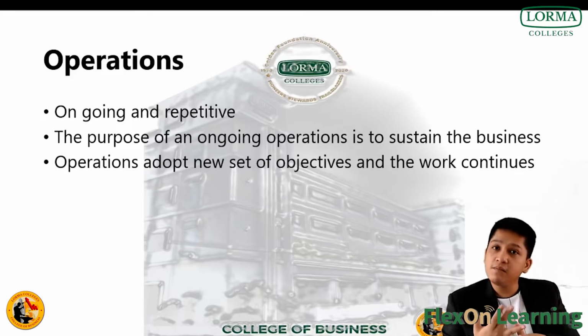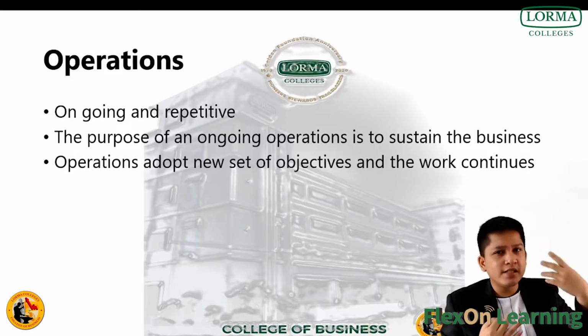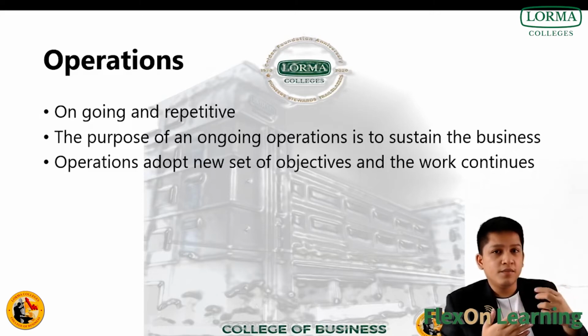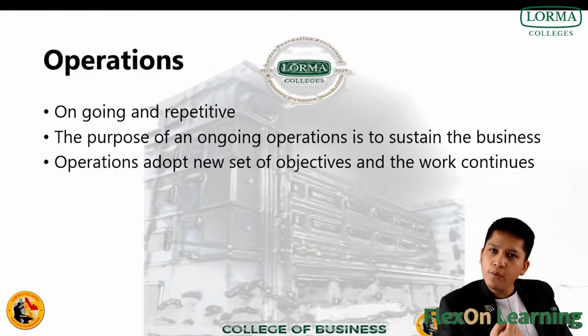In the second image, the grocery store, that is repetitive, like ongoing processes. And lastly, the serving of pizza in the pizza restaurant or fast food is ongoing and repetitive.